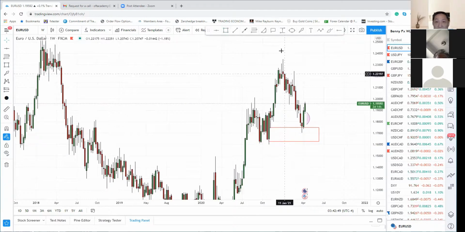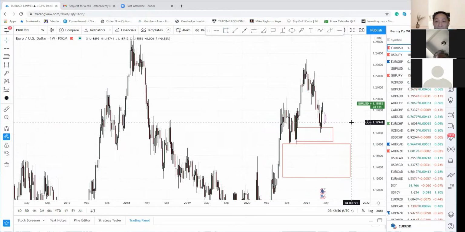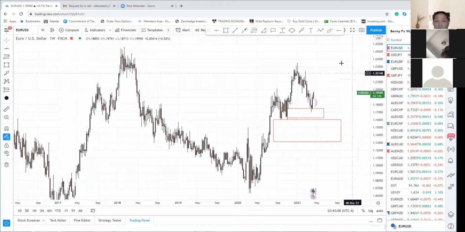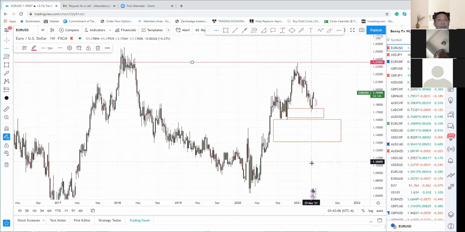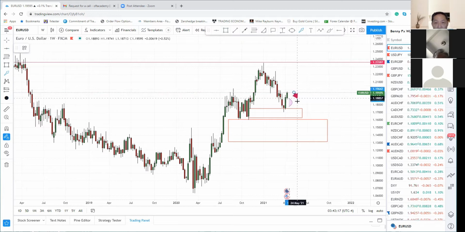This is a gap. All of these need to be filled in eventually, but I don't think it will come now because the market wants to go higher first to reach this target. After they reach this target, eventually we'll see the price come back. But for now, the most likely is that it pulls back to this area and then goes long.